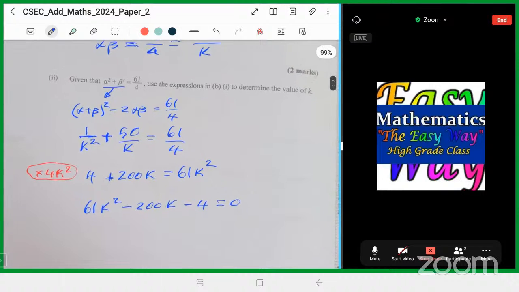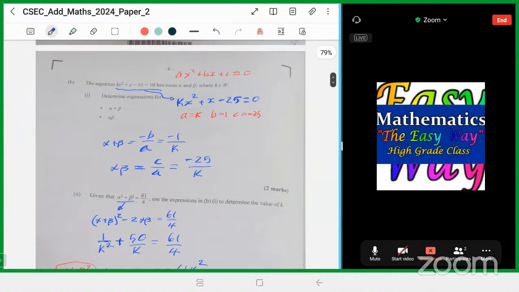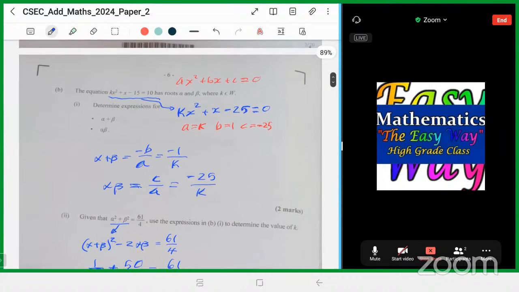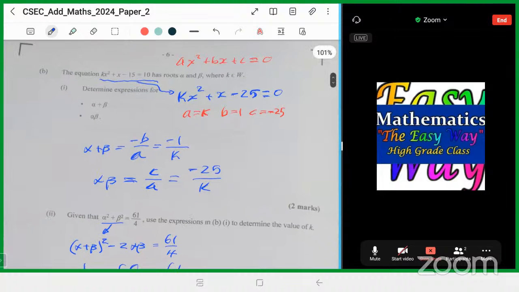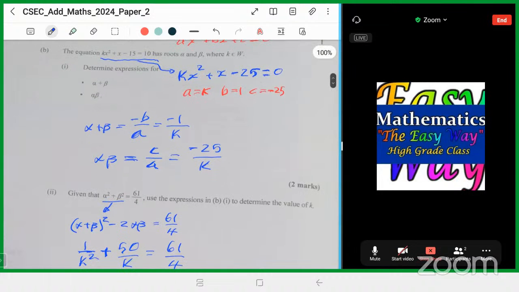61 over 4. Let me just check this. That's definitely a negative 25 for the C. And the B is 1 and the A is k. And that's minus B over A, so it's minus 1 over k. And that's C over A, so that's negative 25 over k.